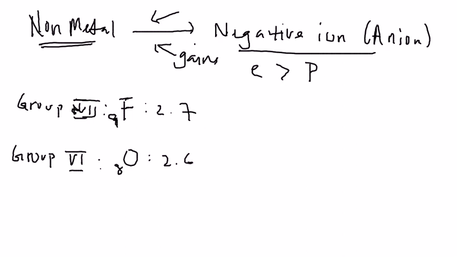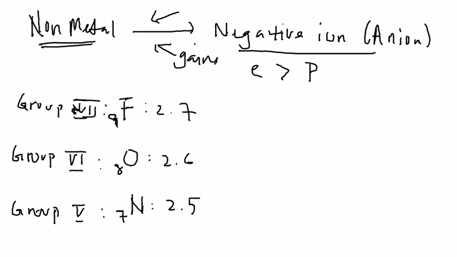And the last element we'll talk about is from group 5, and it's nitrogen. It has 7 protons, therefore it has 7 electrons too.